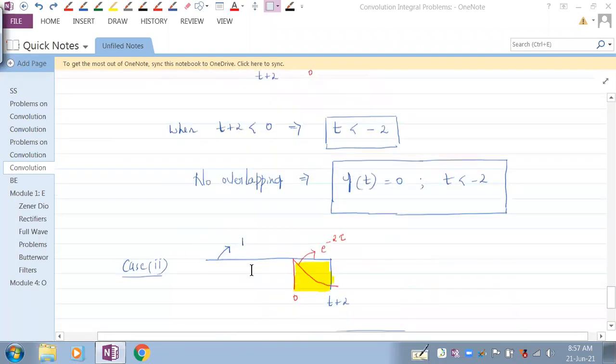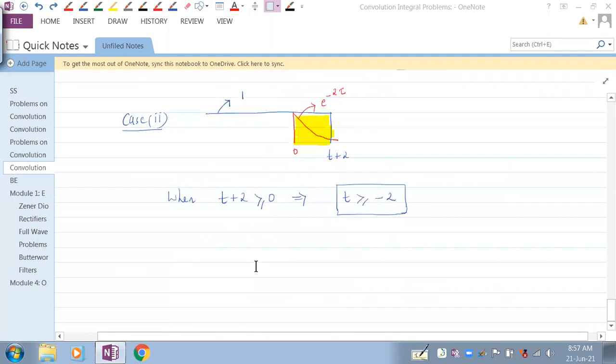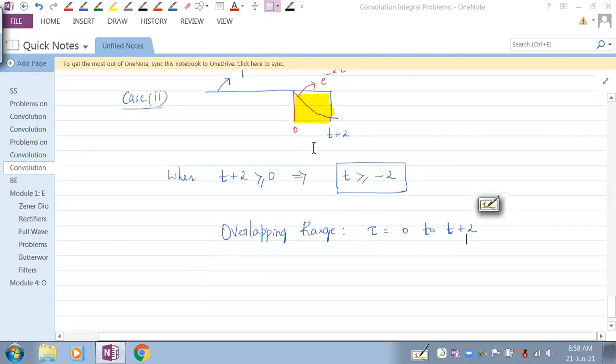Let's write the overlapping range because there is overlapping happening. Overlapping range would be tau equal to 0 to t plus 2. The one that is shown in yellow color is the overlapping range.